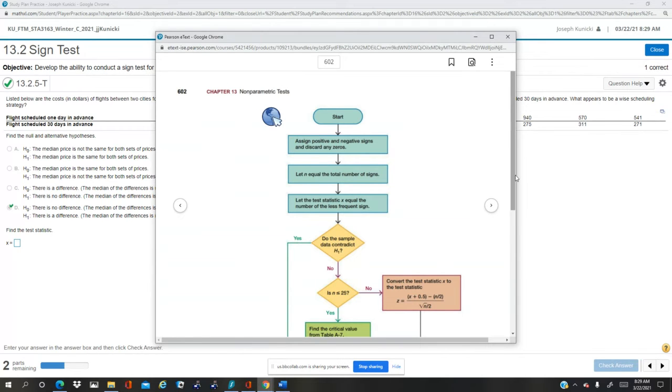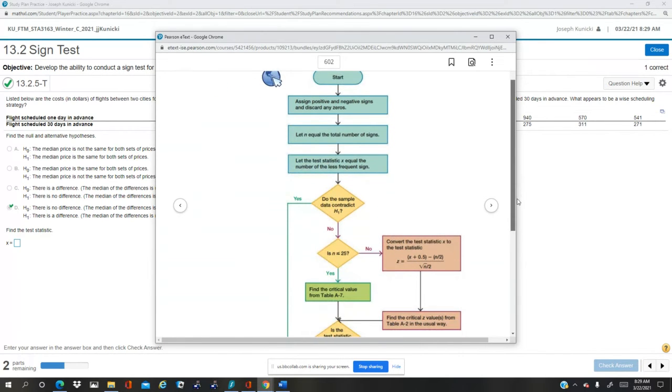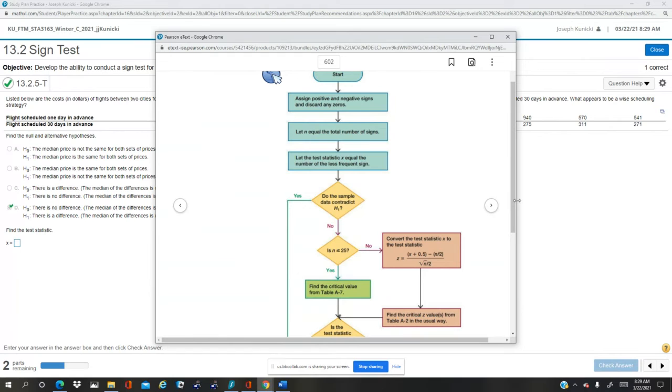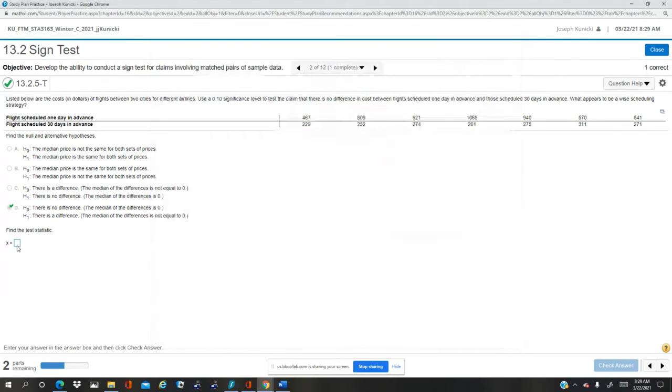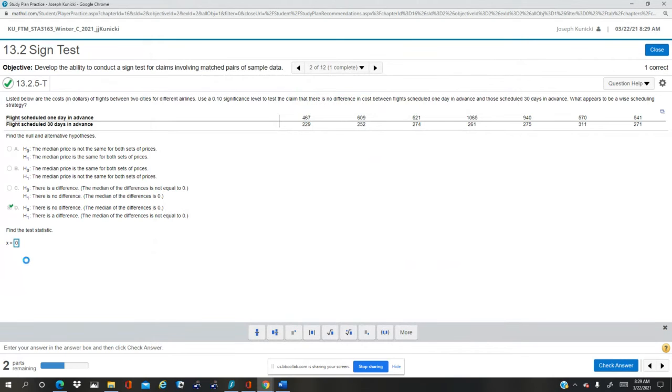So we have 7 positives out of 7. Sorry about that. So we have 0 negatives. And so the smaller, the 0, is the test statistic. That's where we get x equals 0 as the test statistic.